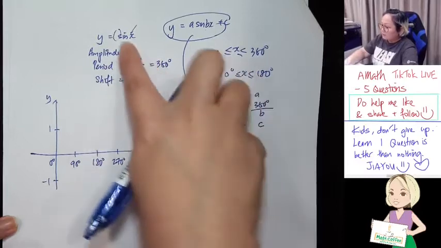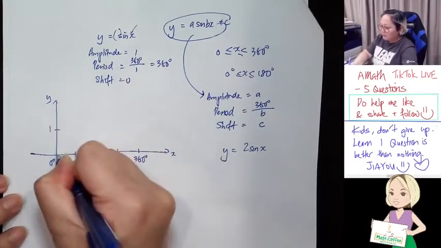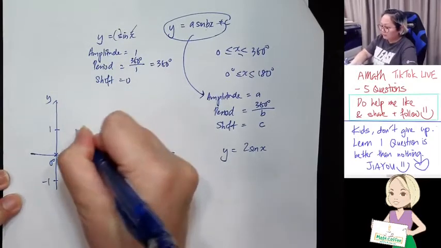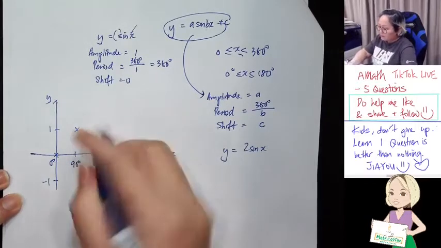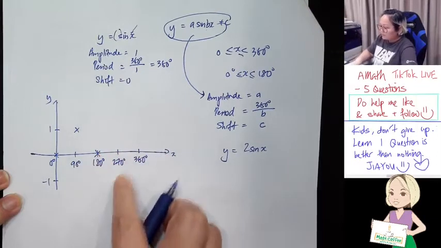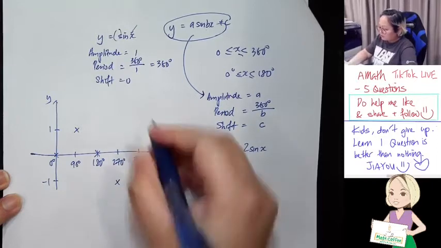Okay, the sine graph starts from 0. I'm going to mark out 5 points. It starts at 0, then goes up to the maximum at 90 degrees, comes back to 0 at 180 degrees, goes down to the minimum at 270 degrees, and goes back to 0 at 360.